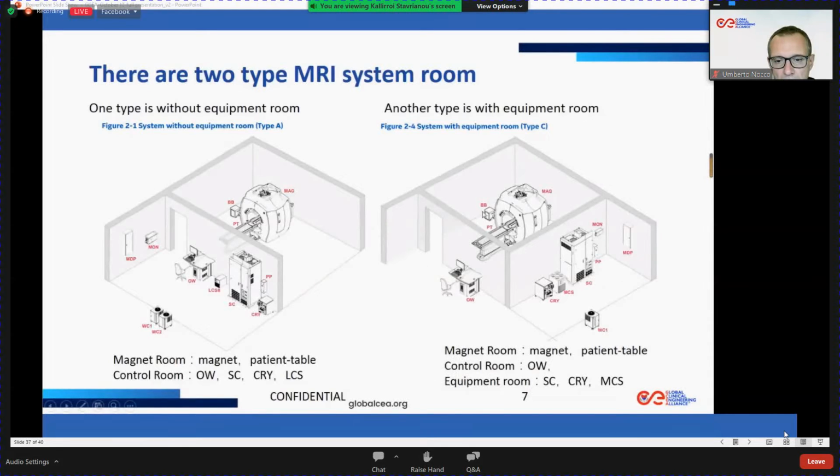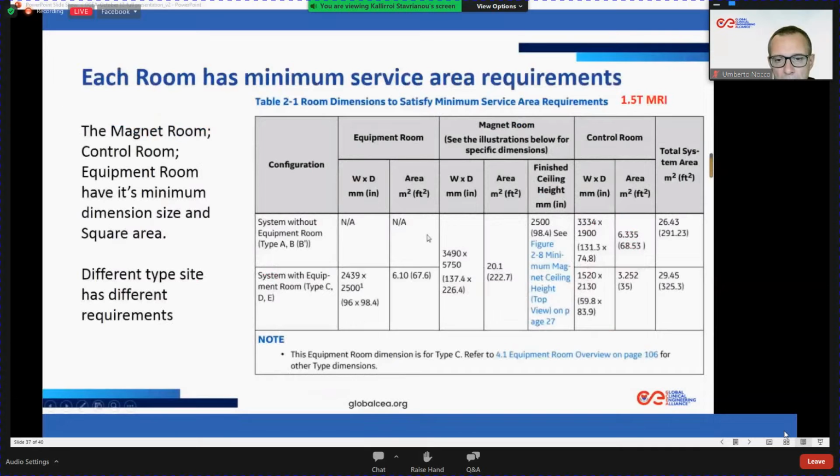This is the most popular design, and it should be considered. Each room has a minimum service area requirement. The magnet room, control room, and equipment room have a minimum dimension size and square area. It should be considered.